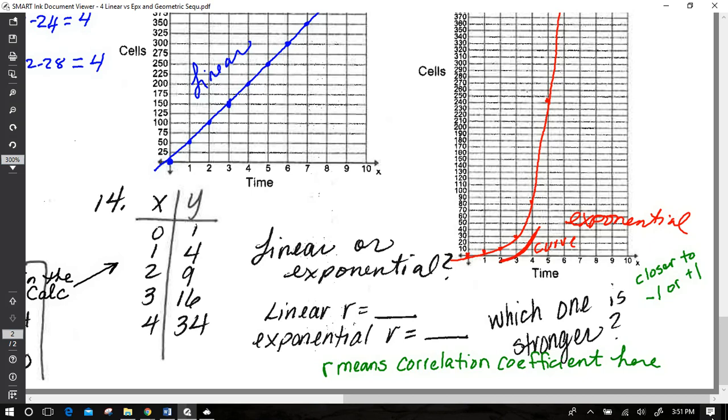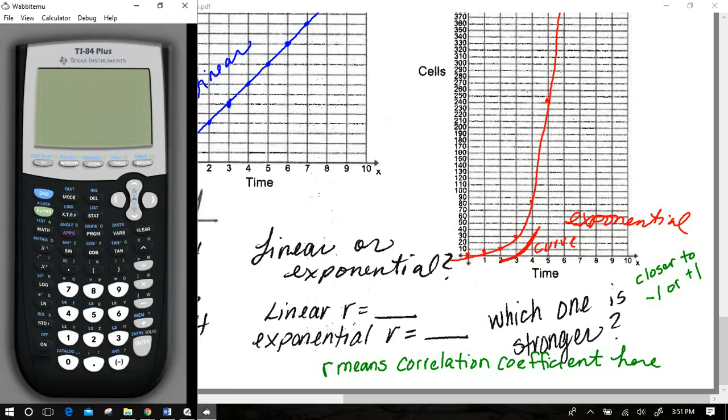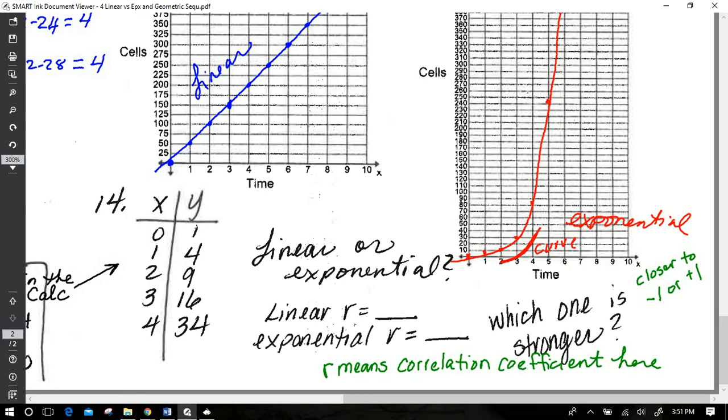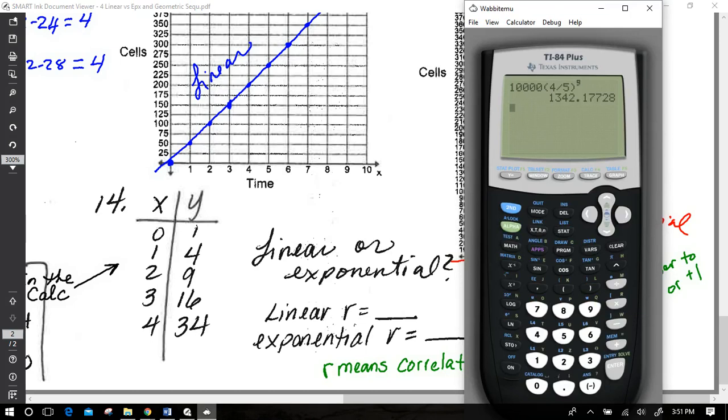All right, so let's go ahead and practice our steps for this. So I'm going to pull out my calculator and turn it on. I need to do step 1 first. Step 1 is to turn on our diagnostic. So here it is.